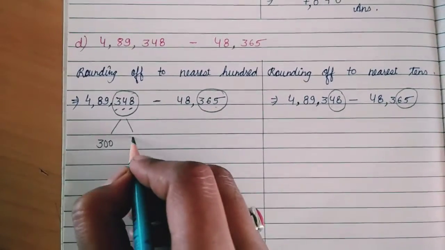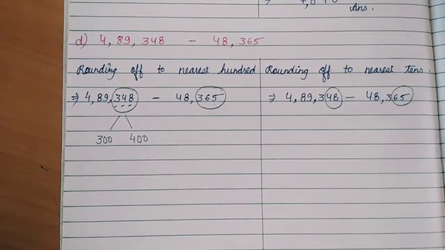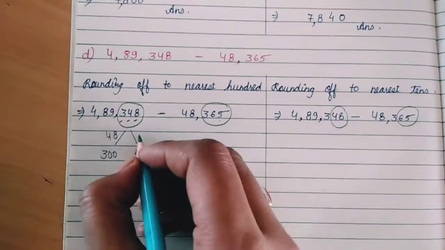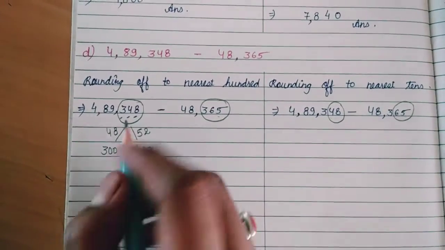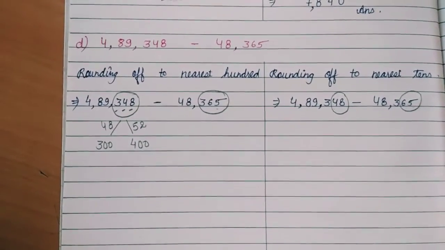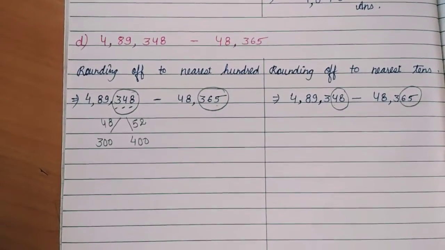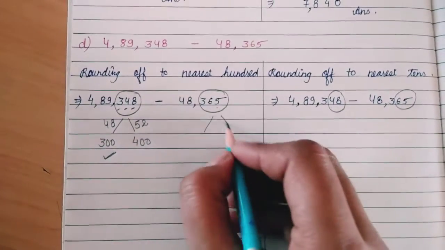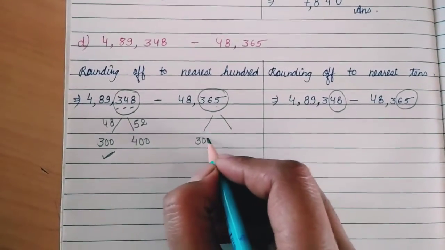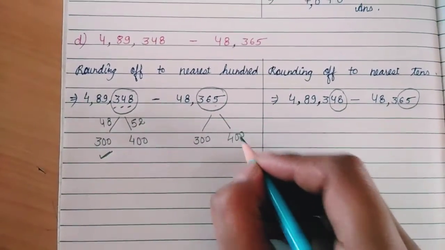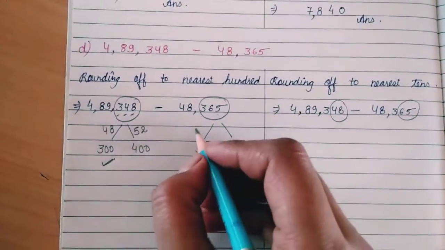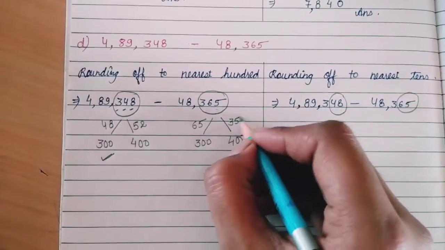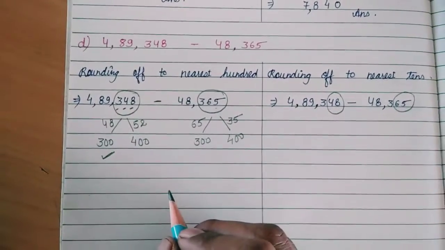348 is coming in between 300 and 400. So from 300 we have to take 48 steps, and from 400 we have to take 52 steps to reach 348. So where did we get fewer steps? We got fewer steps from 300. As here 365 is coming in between 300 and 400. From 300 we have to take 65 steps, and from 400 we have to take 35 steps to reach 365.